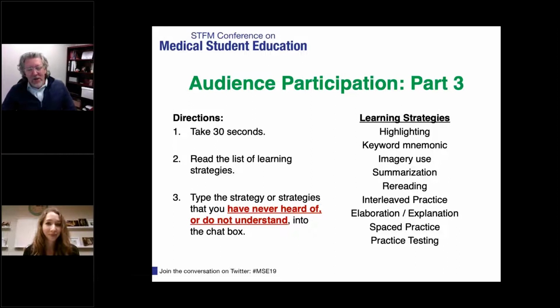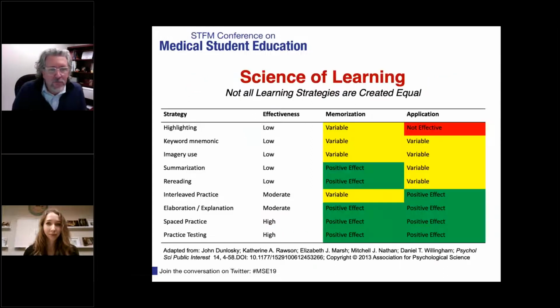All right, great. Yeah, one of the difficulties of a webinar is that I can't see y'all, so I'm trying to make this as interactive as possible, and I do appreciate y'all taking the time to type in your thoughts into the text box. So it turns out that folks have done a meta-analysis on the effectiveness of these different learning strategies.